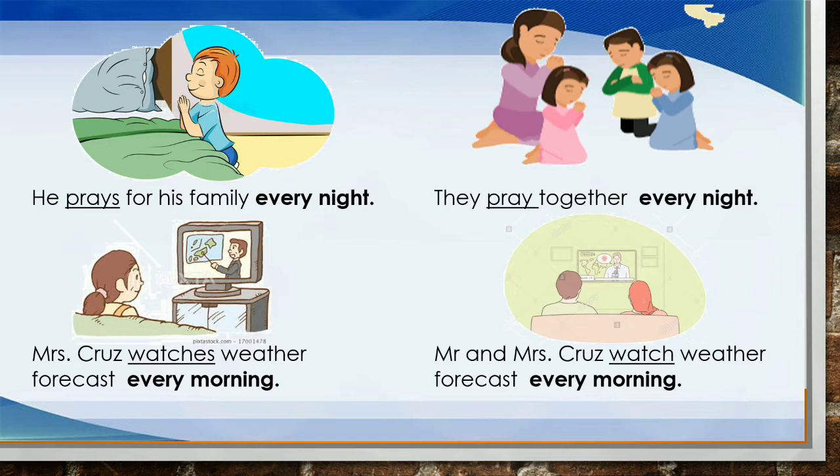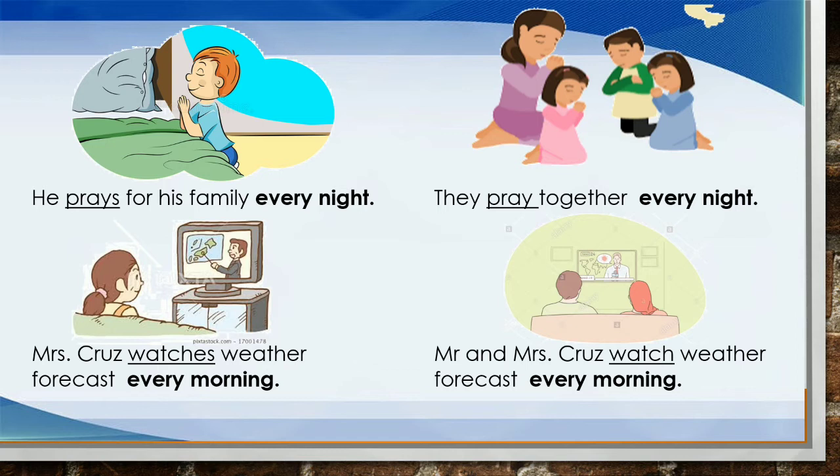Number 2, the other one. How many persons are in the picture? So we have 4 persons. So it is a plural. So we use the pronoun they. And what is the verb that we use? Pray. What have you noticed with the verb?